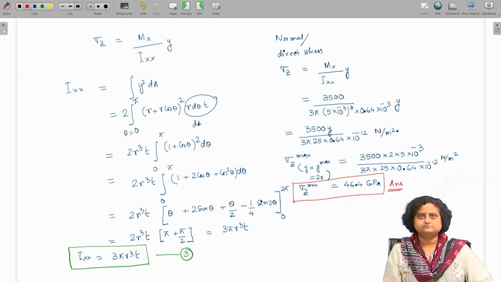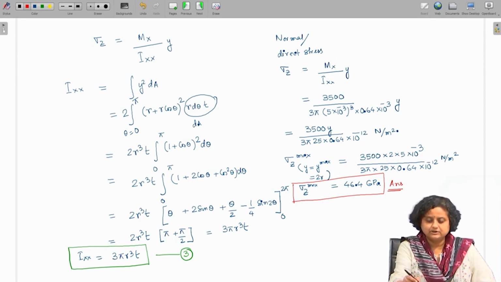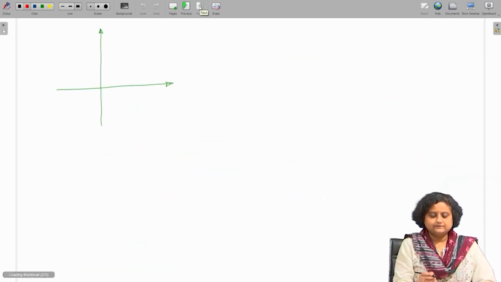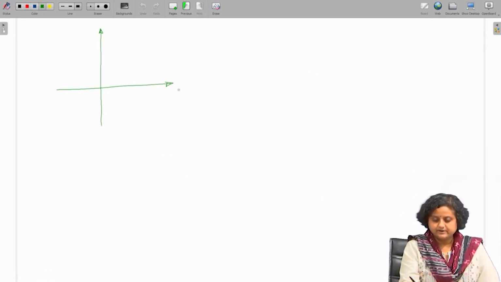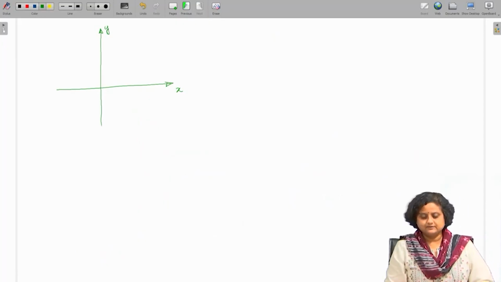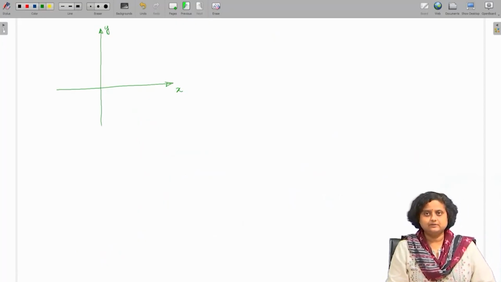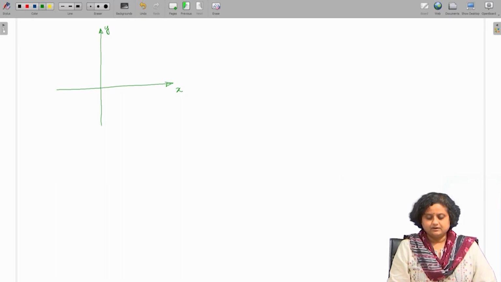Next we will try to derive the expression of deformation when a beam is under bidirectional bending. So, let us consider any arbitrary cross section. Let this be the x and y axis, which is the cross sectional plane of the beam.